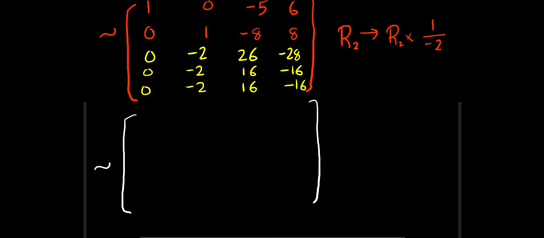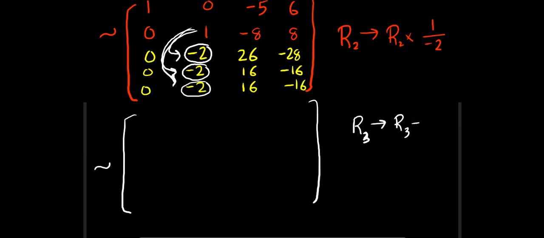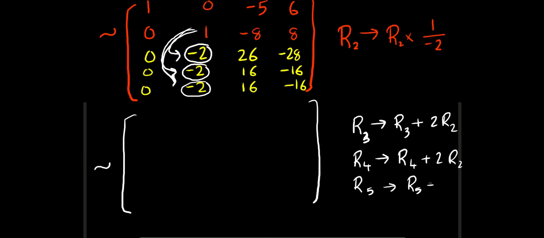And what we do is we have to convert all the elements beneath this 1 into zeros. So my target lies in the third row, the fourth row, and the fifth row. So I'm going to write the operations. R3 changes to R3 plus 2R2. R4 changes to R4 plus 2R2. And R5 changes to R5 plus 2R2.